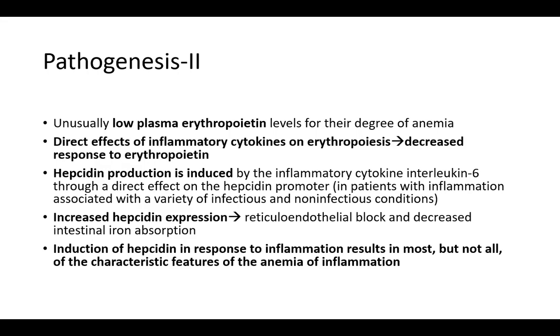In addition to that, inflammatory cytokines increase hepcidin expression, and this gives rise to a decrease in intestinal iron absorption and decreased iron levels. So induction of hepcidin in response to inflammation results in most but not all of the characteristic features of anemia of inflammation.